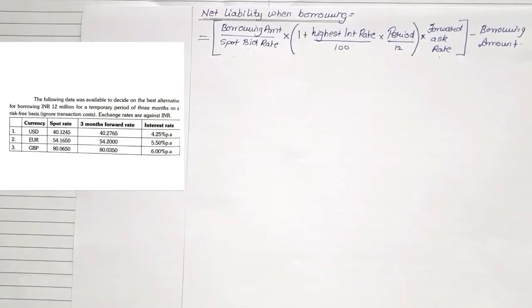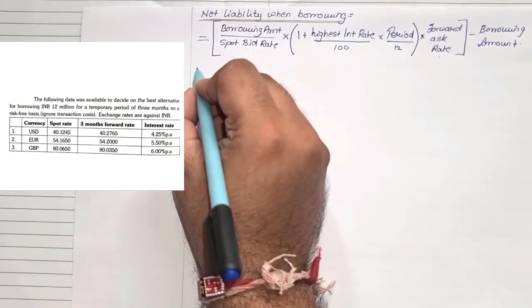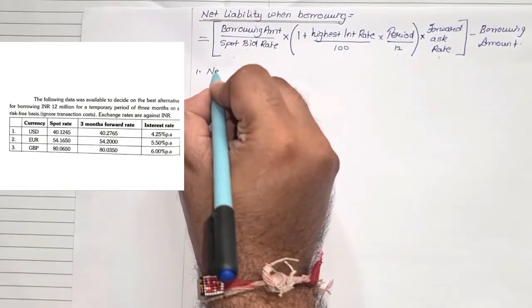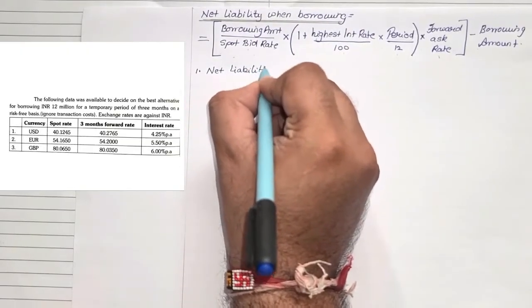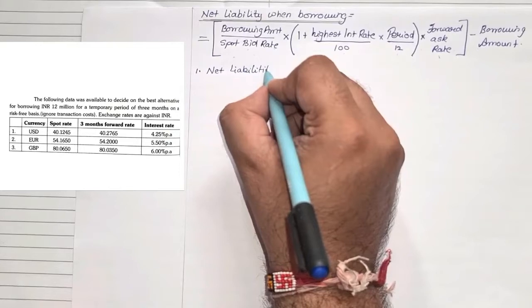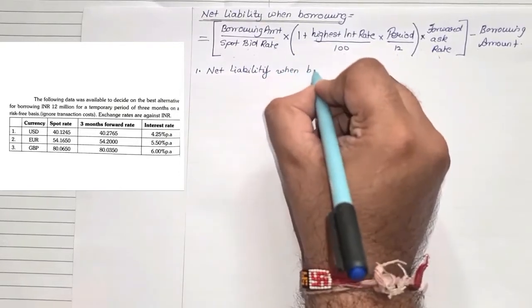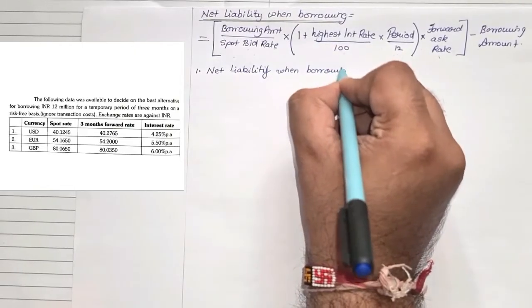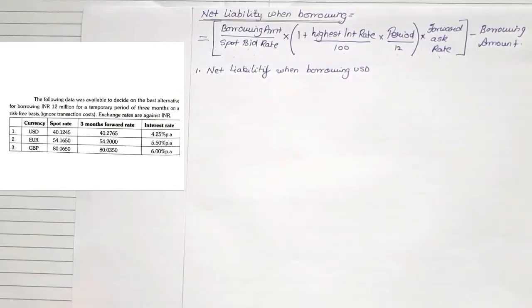In this question, the very first currency is USD, so we'll write here: number one, net liability when borrowing USD.